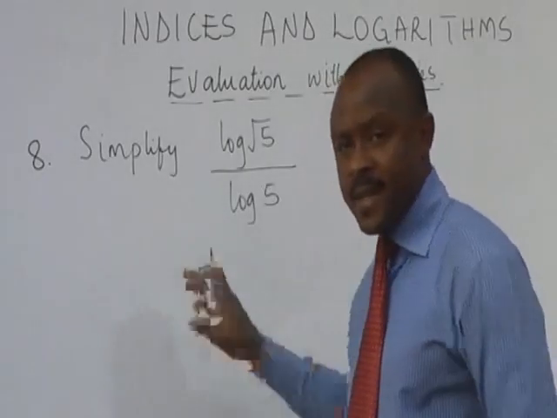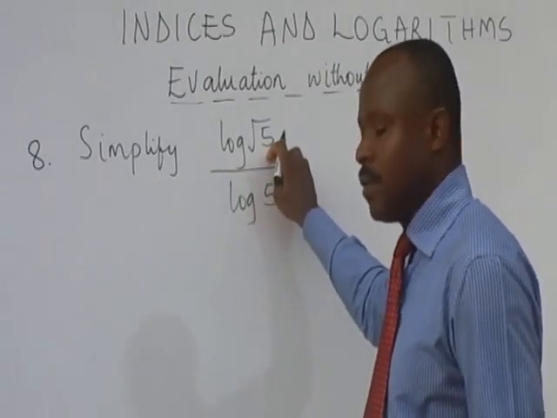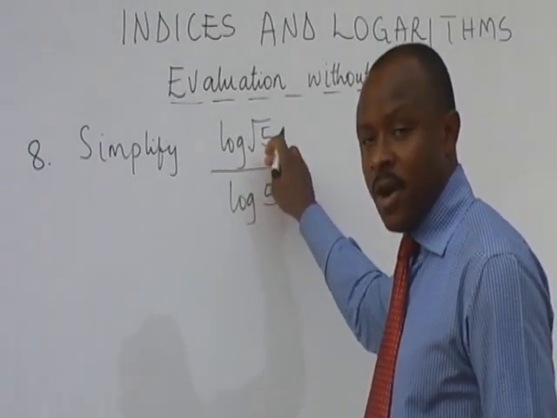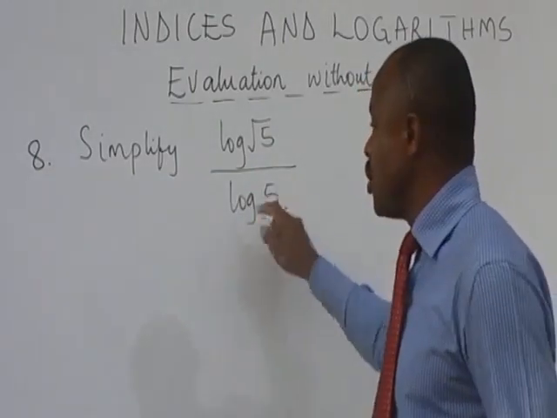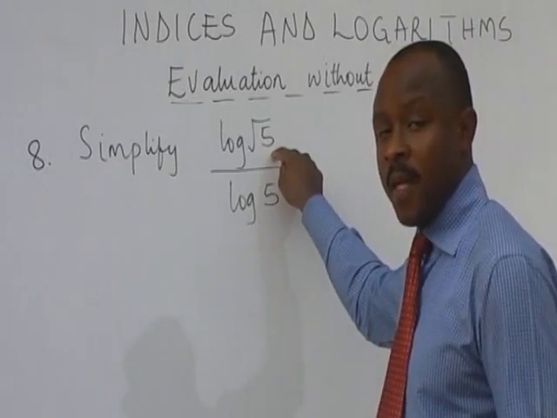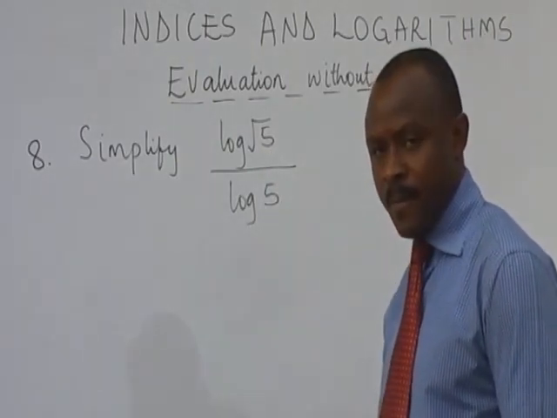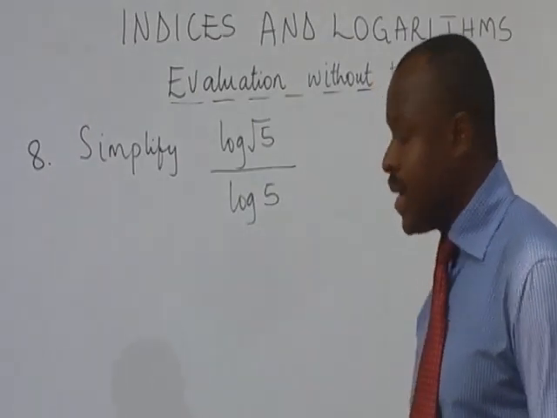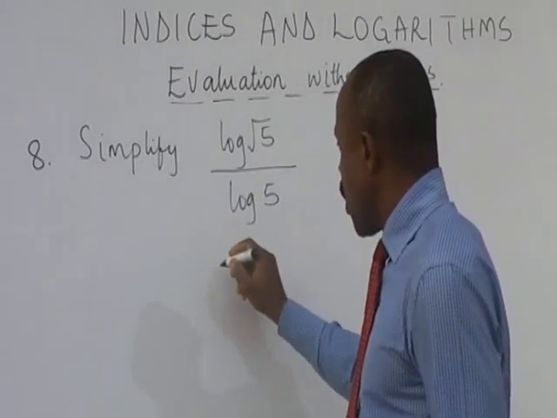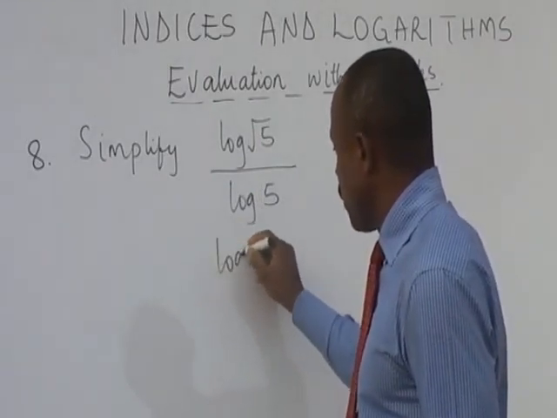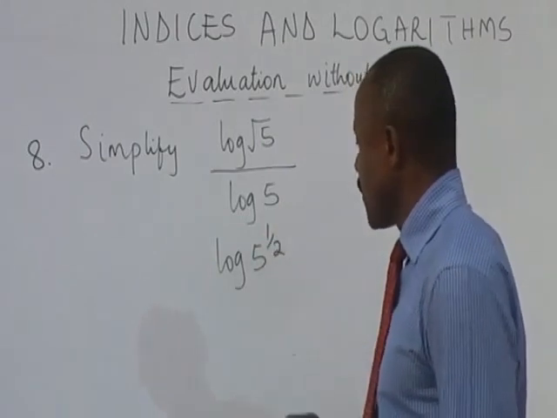Question number 8 says, simplify log root 5 all over log 5. The first thing you do here is change the square root of 5 into an index form. In so doing, log root 5 will now become log 5 exponent 1 all over 2.